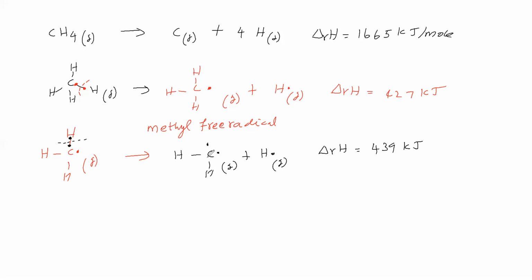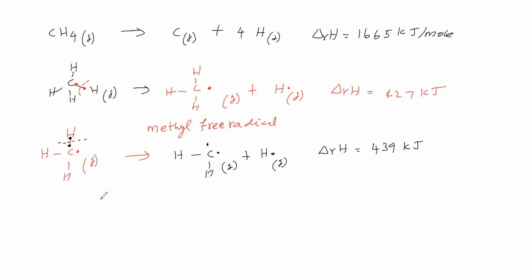Therefore, the central atom carbon is in different stabilities, so this CH bond strength will automatically be different. Therefore, we can say the CH bond dissociation enthalpy is different, due to the different chemical environment of the central atom.